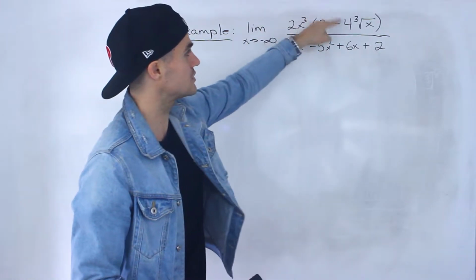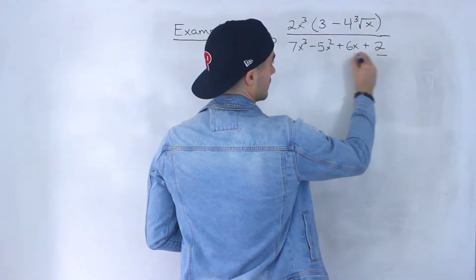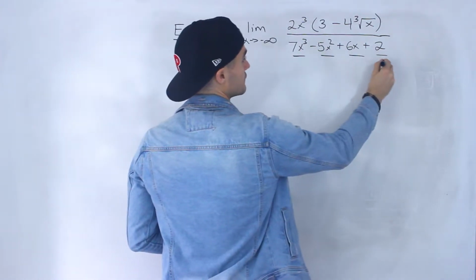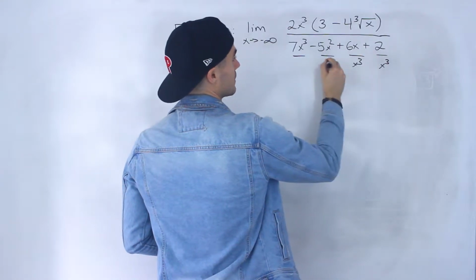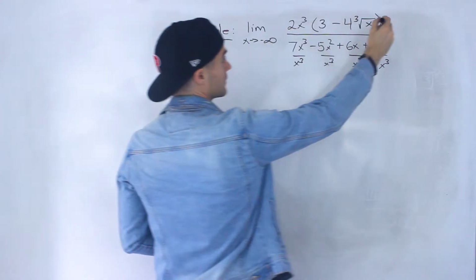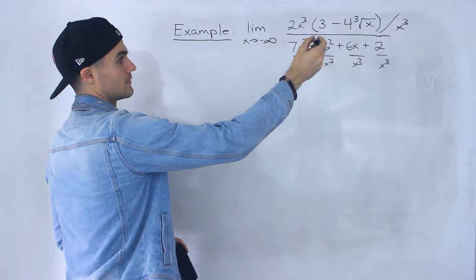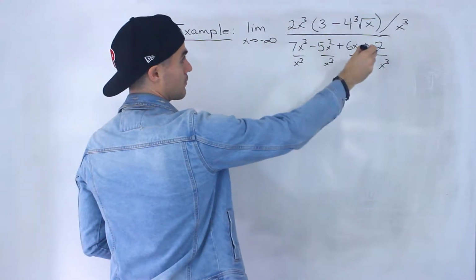You don't necessarily have to distribute at this point. This whole thing is one expression, so you can divide that entire expression by x to the power 3, and then these x to the power 3's cancel out.